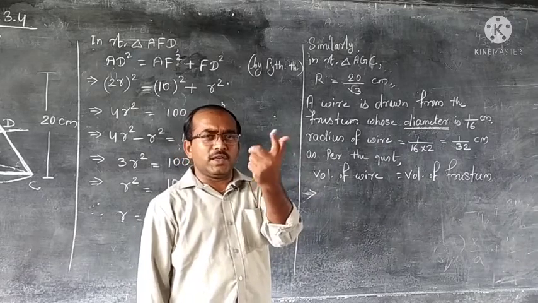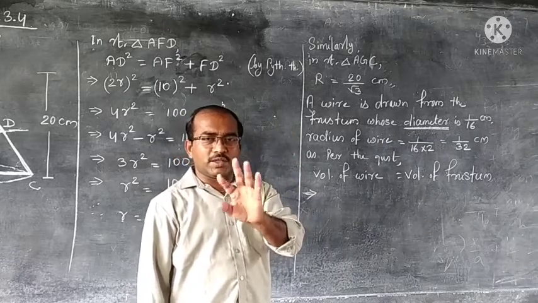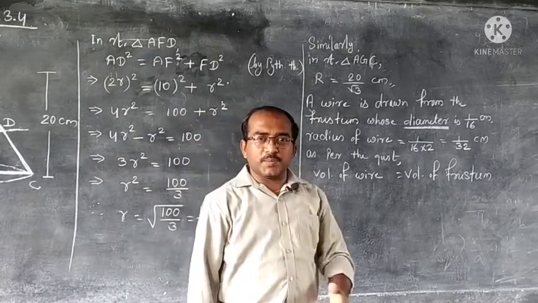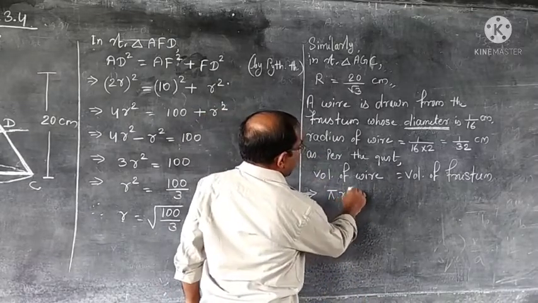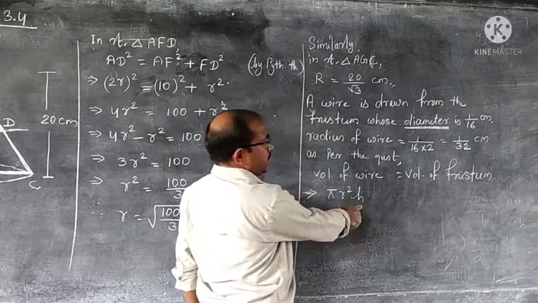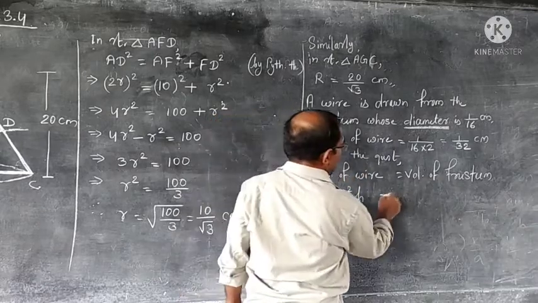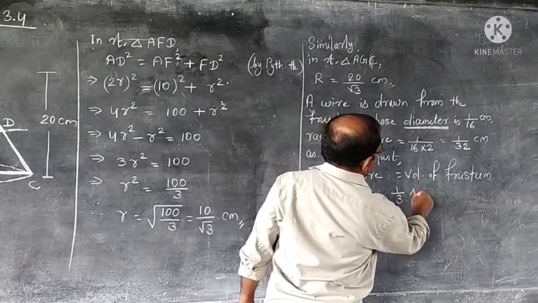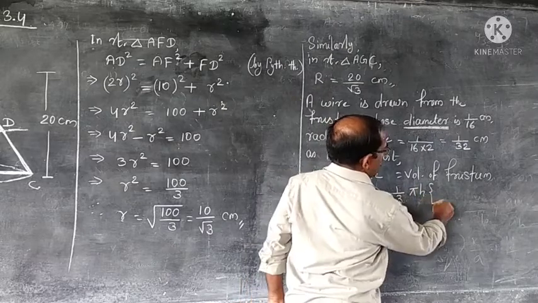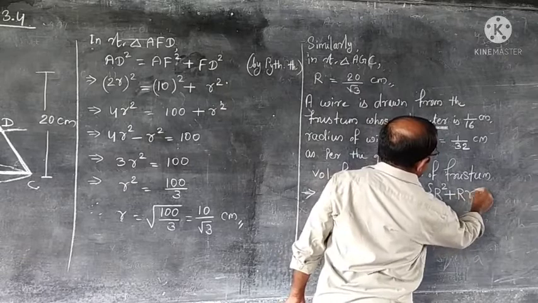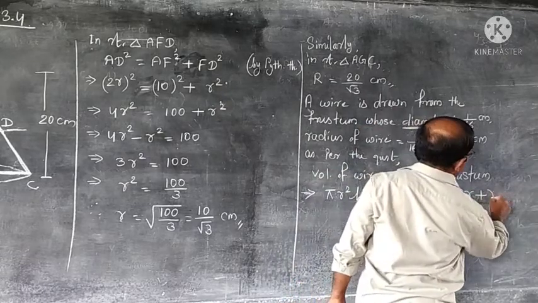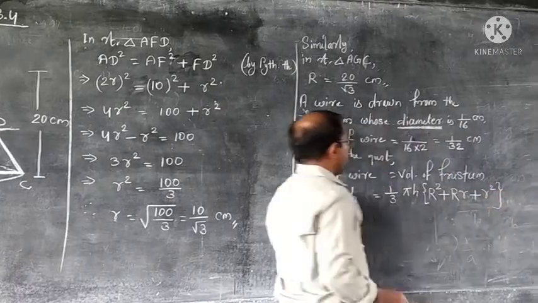It will have very tiny dimensions, but remember these have a cylindrical shape. So we will use the formula of cylinder pi r square h. This h is the height or length of the wire. 1 by 3 pi h into the volume of frustum: bigger radius square plus bigger radius into smaller radius plus smaller radius square.